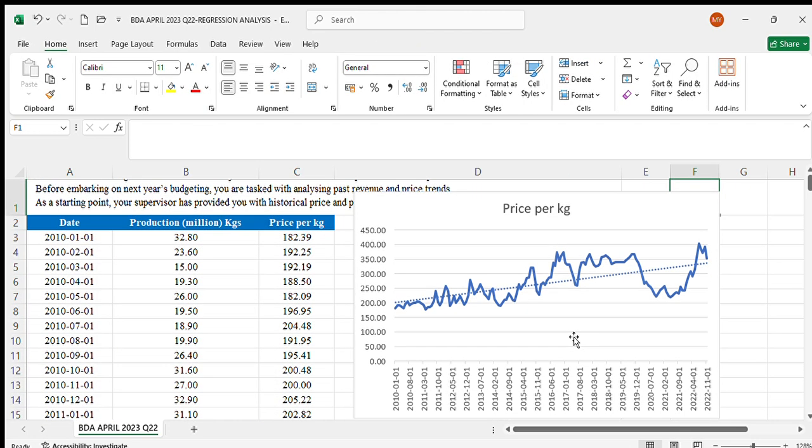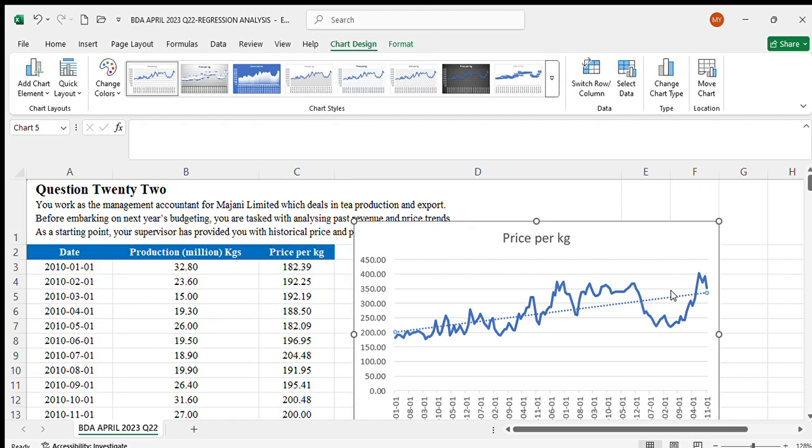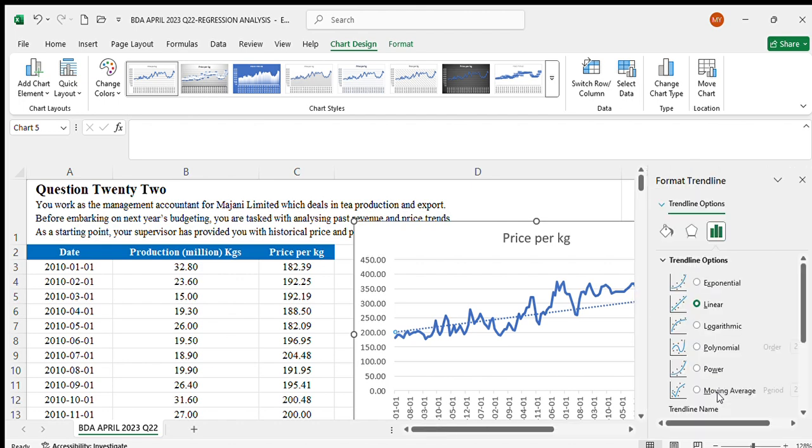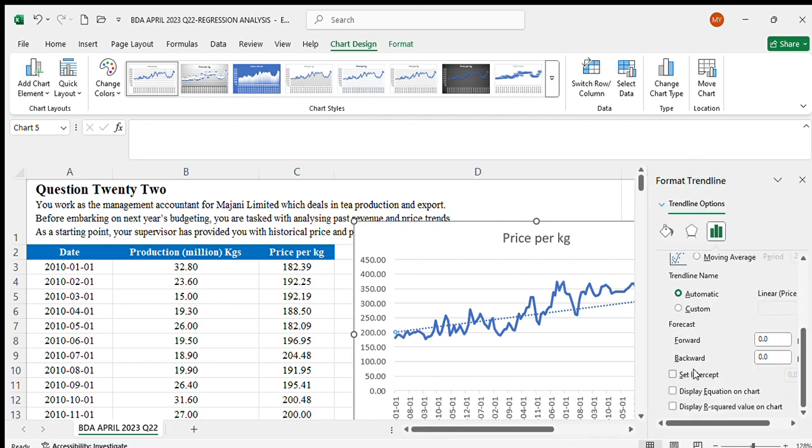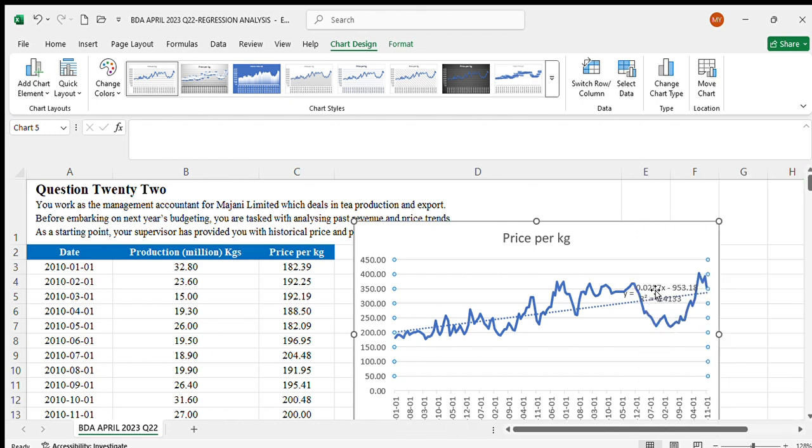Now you can see there's a line. That's the trend line. Then the equation and the R squared, you right click the trend line. Then you come here, format trend line. Down there, you can see now it is display equation and R squared. So that's the equation and the R squared. You can put it up here.